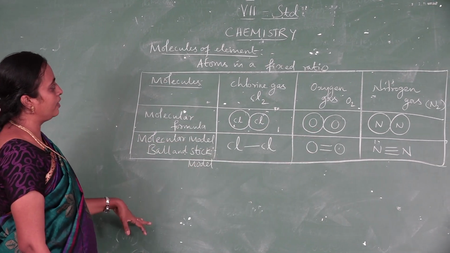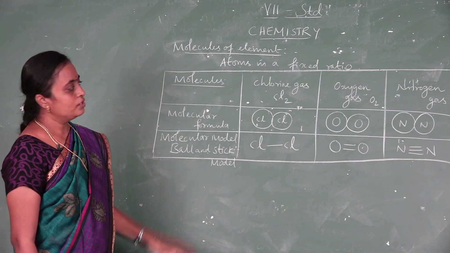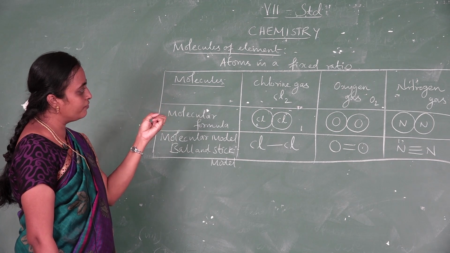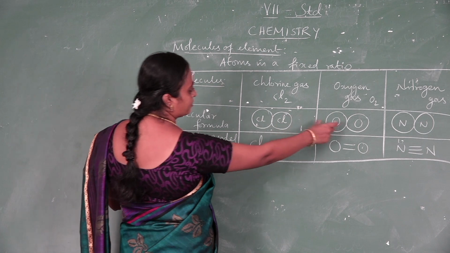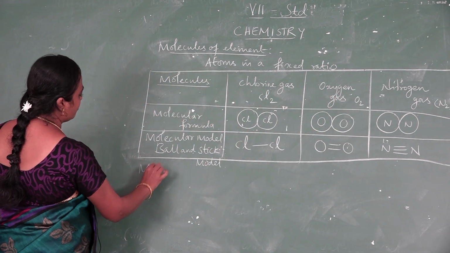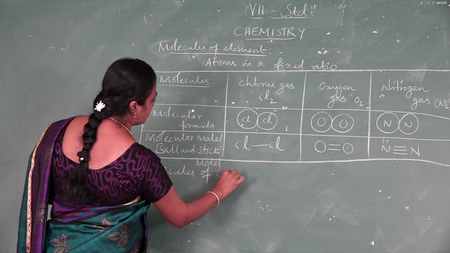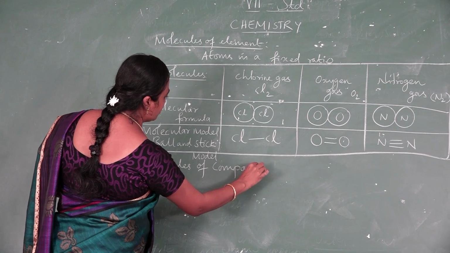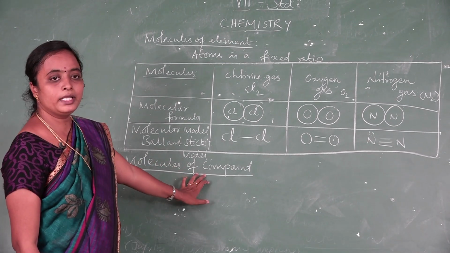Okay, and in a similar way I represent molecules of an element, where I have taken atoms in a fixed ratio, with two similar atoms. If I am taking molecules of a compound, how will the molecules of a compound be indicated?